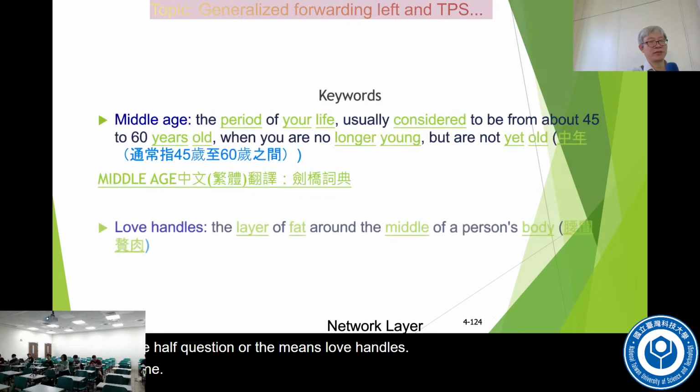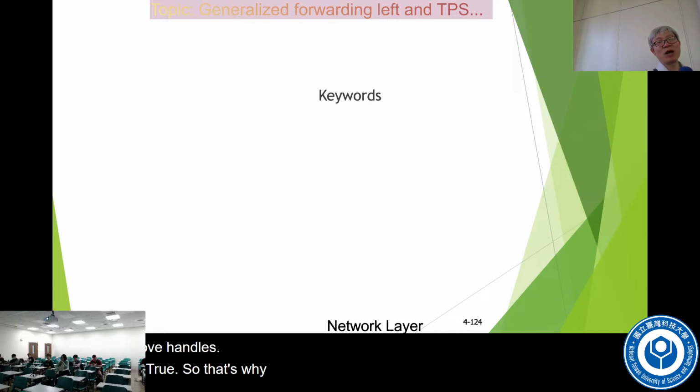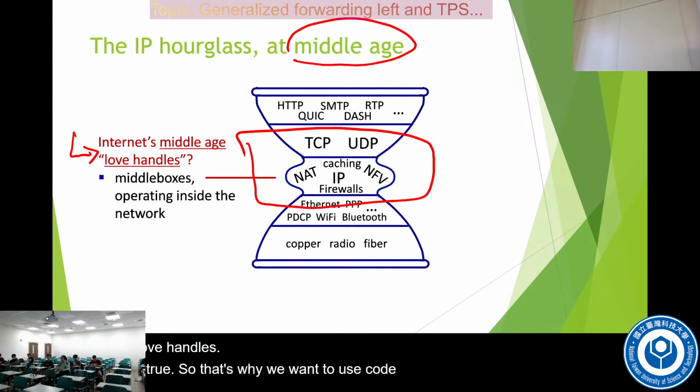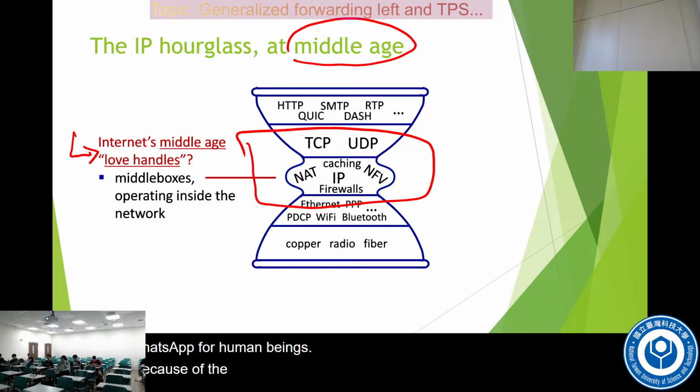Middle age and love handles. Right? Yeah, true. So that's why we want to use a current example, the hourglass, and also the waist of human beings. And because of the extension, we have the love handles of the internet.